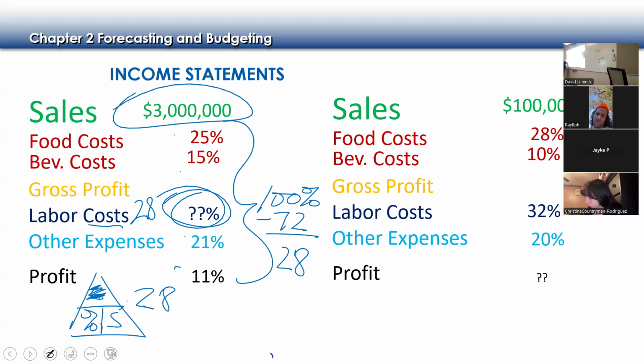I have my sales, $3 million. Get my commas in there. So that tells me my budget for labor of 0.28 times 3 million. My budget for labor is $840,000. They put it over here.